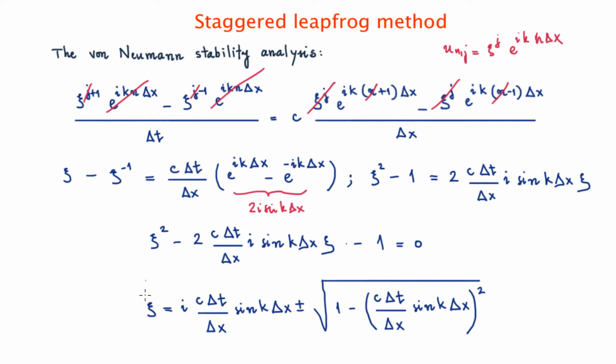So once we have that, we have to check what happens with the absolute value of eta. This is a complex number, so again, we do know how to calculate that. But we can have different possibilities. We can have the square root of this one be a complex number as well.